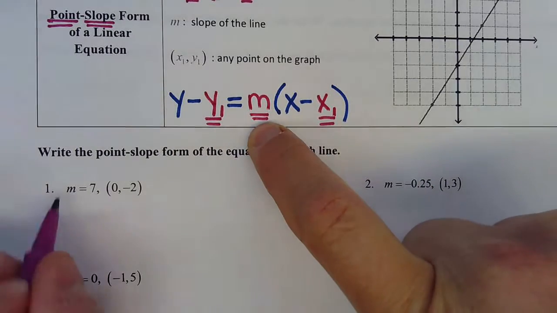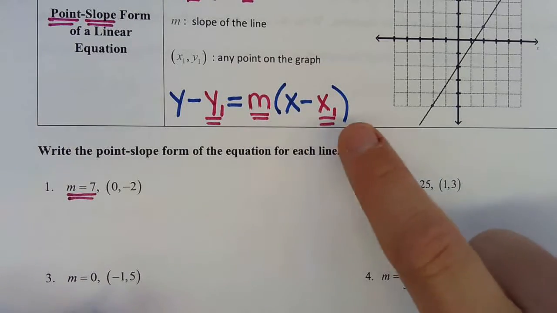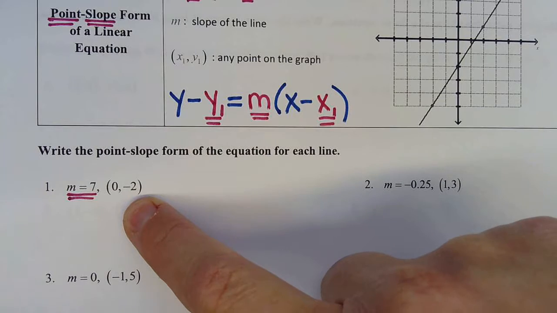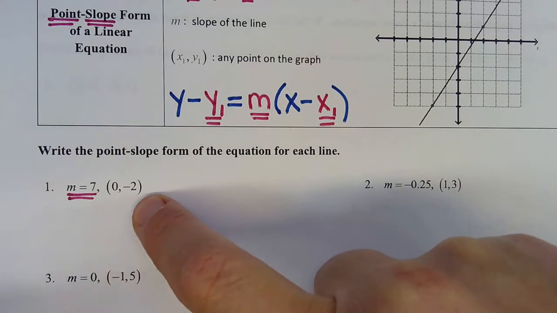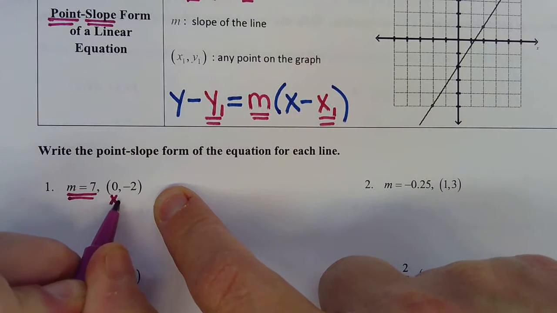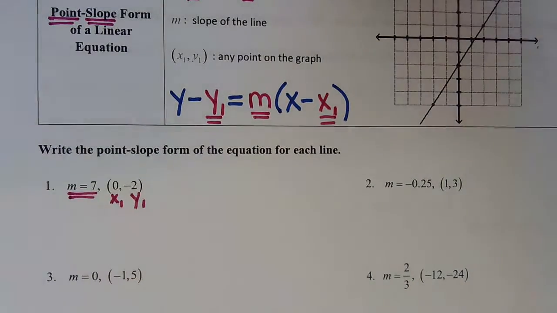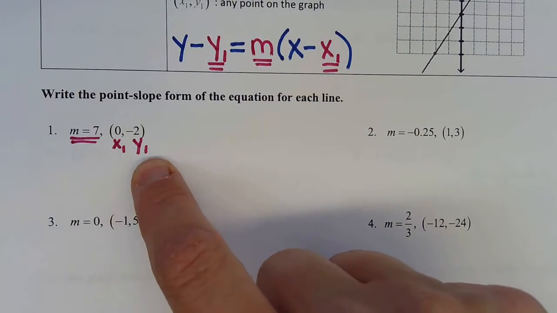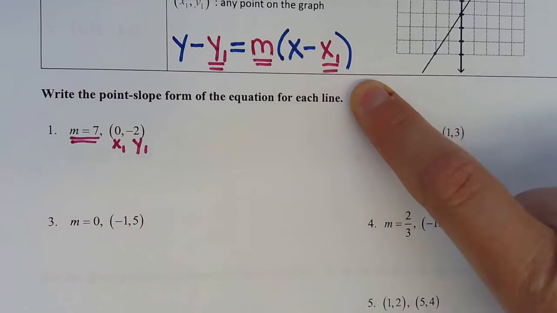You need to know your m, which they give you right here to be 7. And you need to know x1 and y1. They give you the point right here. When they give you a point, it goes x, y. So the x1 is 0 and the y1 is -2. Now that you know what m, x1 and y1 are, you can plug those values into your equation.